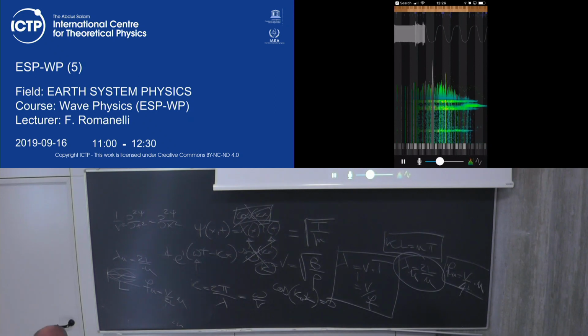Now this part of the wave is a sound wave emitted by those speakers, making us sleep, and heard by the microphone of my old mobile. And you see it's here.